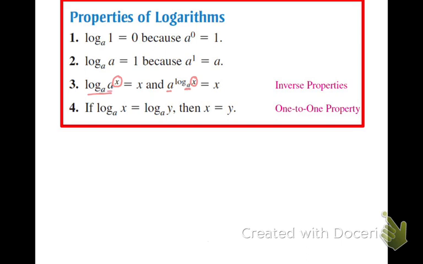So if the bases are matching, the answer is that x, okay? One-to-one property: if log base a of x equals log base a of y, then x has to equal y, doesn't it? Most important thing here is what? You have to have the same what? Base.